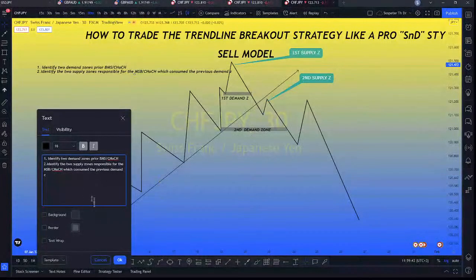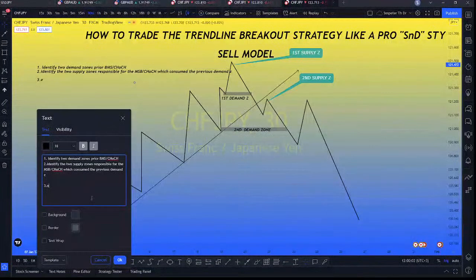Number three is the key. Our entry will be based on the return to the second supply zone that was responsible for consuming the second demand zone.